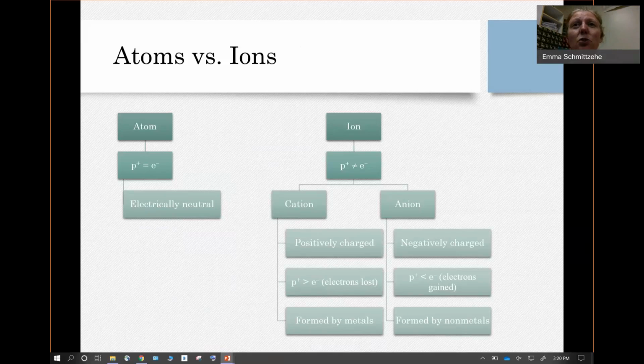Whereas non-metals generally are going to favor taking on electrons, so taking them from something else, thereby forming anions. Again, it's not to say that a metal can't take on electrons. It's just not favorable and you'd have to force it, okay?